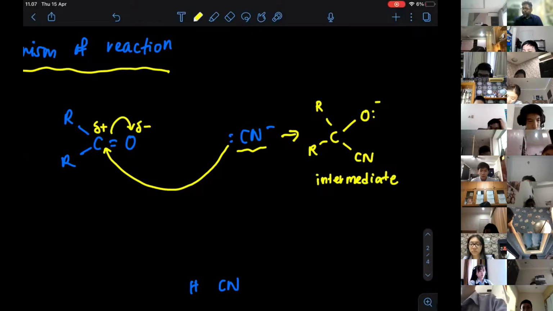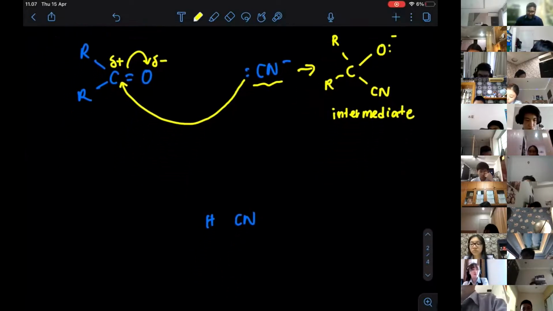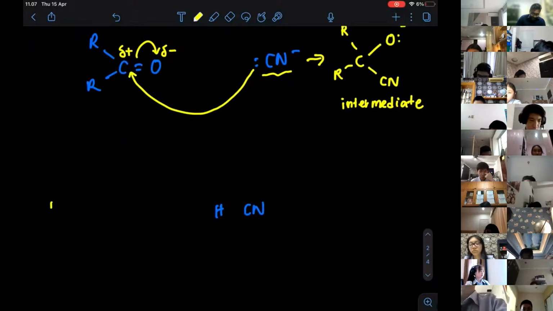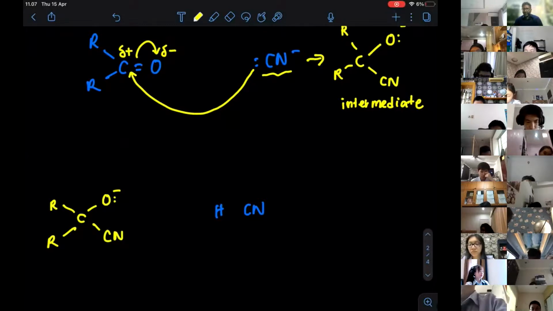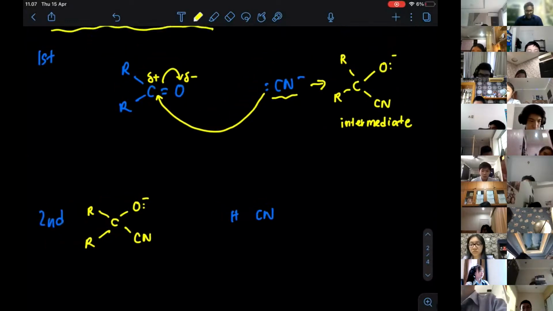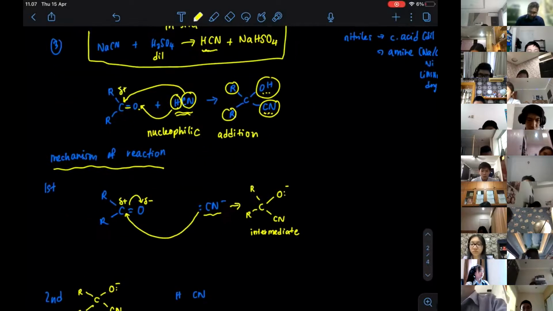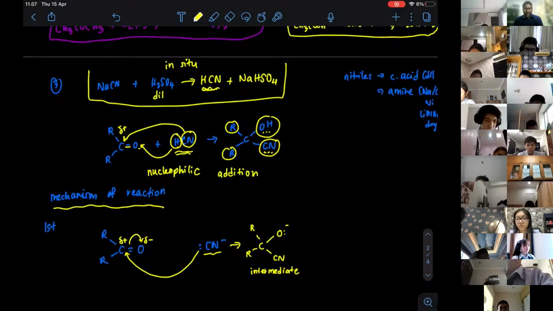Now that you have this intermediate, I'll write it down again, together with the CN. Earlier, I formed the HCN, and the nucleophile has already reacted.